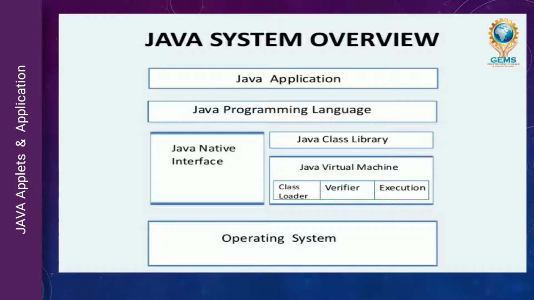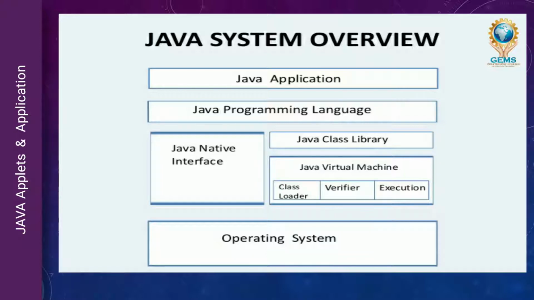Using Java programming, we are developing Java applications. Through the Java application, Java programming language, and here Java Native Interface, Java class library, the virtual machine, class loader, verifier, execution, operating system.